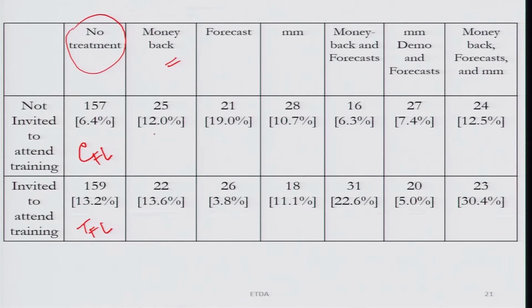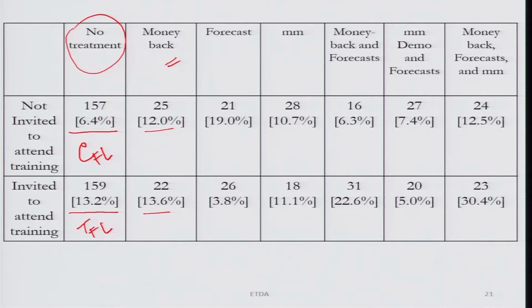The numbers that you see in percentages in the brackets show how many of these people finally took up the insurance products. So, again, if you look at the very first column where there is no marketing treatment, this means that of the people who were given financial literacy training, 13.2% took up the insurance product, and for people who were not given the financial literacy training in the control group, only 6.4% of them took up the insurance product.